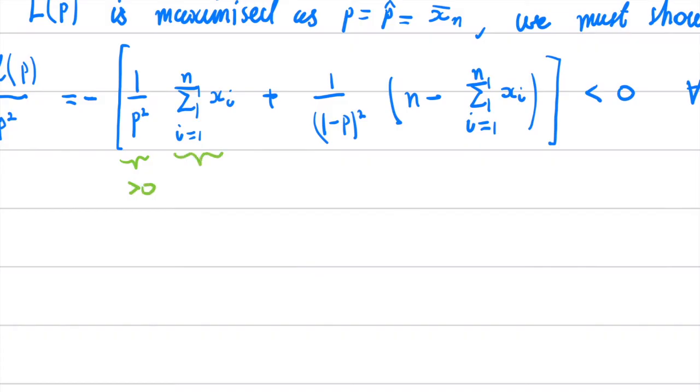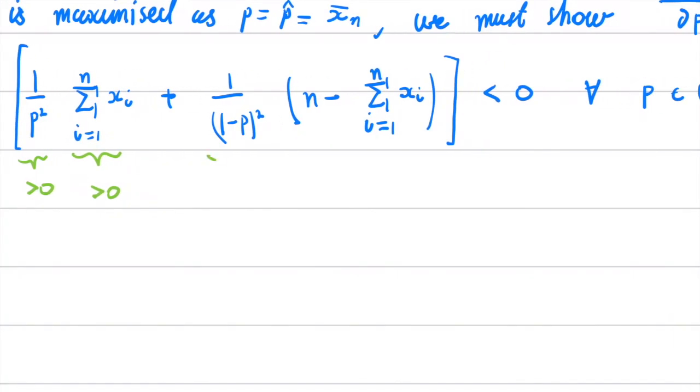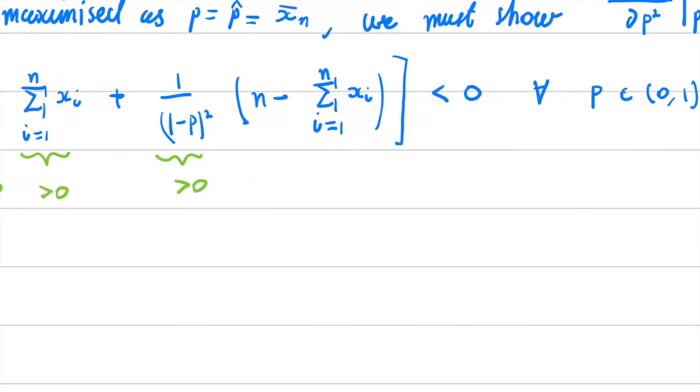This particular expression here is the sum of Bernoulli trials, greater than 0. This expression here, greater than 0, because p is between 0 and 1, 1 minus p is between 0 and 1, and therefore, well, it's squared anyway, so even if it was negative, we know it's greater than 0.